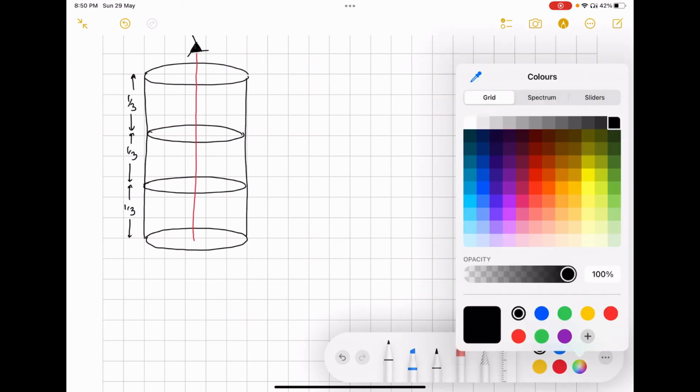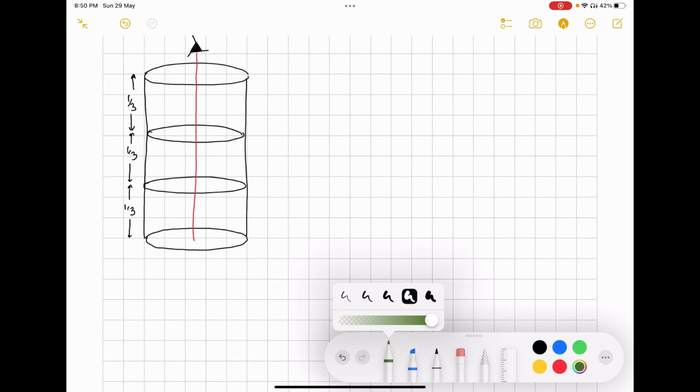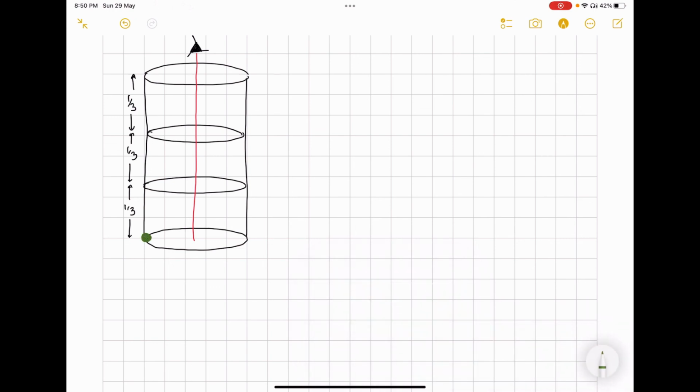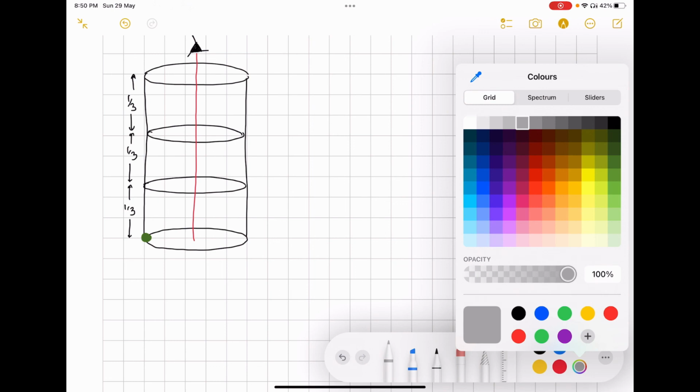Now I start with a point here. Let me divide this into 120 degrees of angles first.